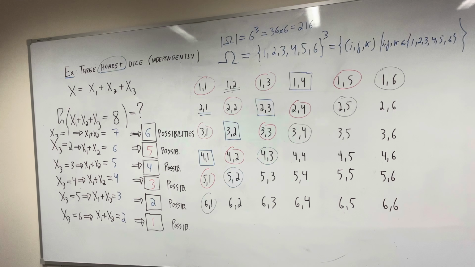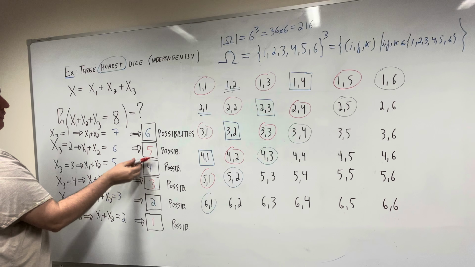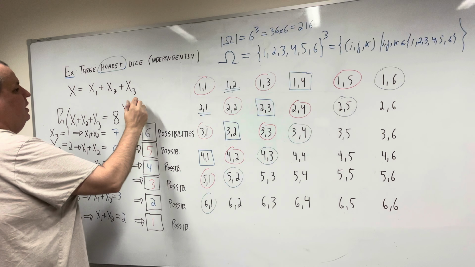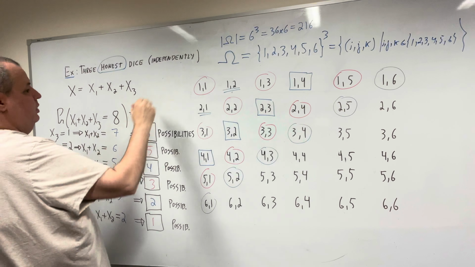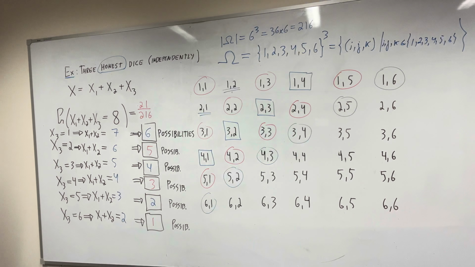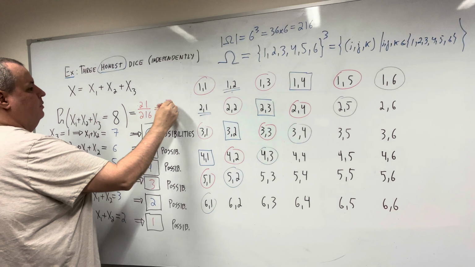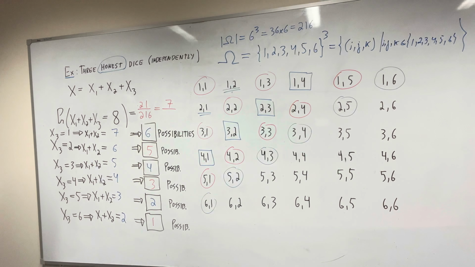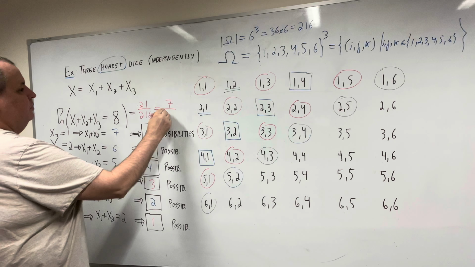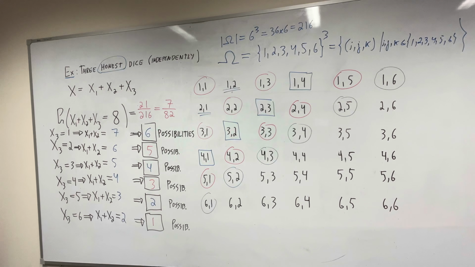Okay, so all in all, I have 1, 3, 6, 10, 15, 21. So all in all, I have 21 possibilities over 216. Okay, is this divisible by 3? I think so. And that is going to be 82 perhaps, right? No.